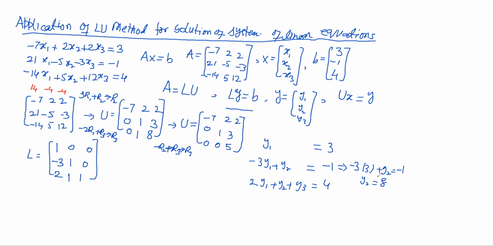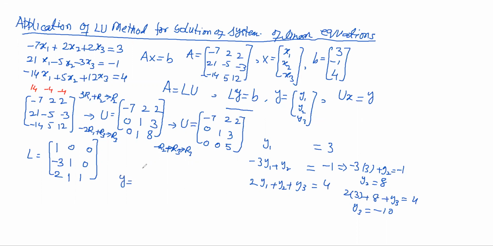Then from the third equation, 2 into 3 plus 8 plus y3 is equal to 4. So y3 will be equal to 6 plus 8, 14, minus 14 plus 4, that is equal to -10.